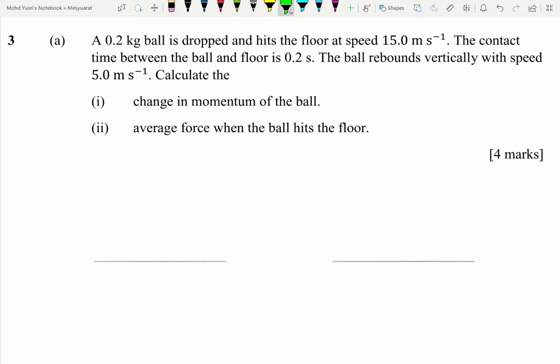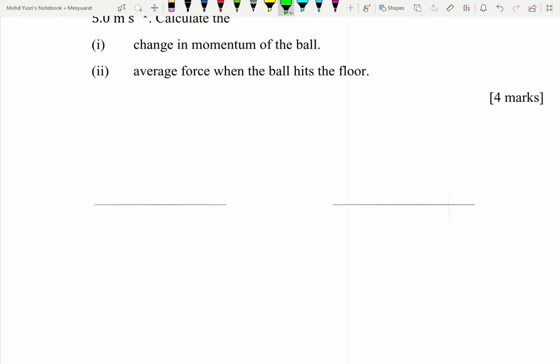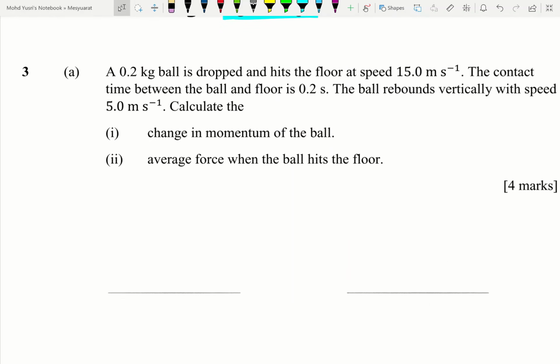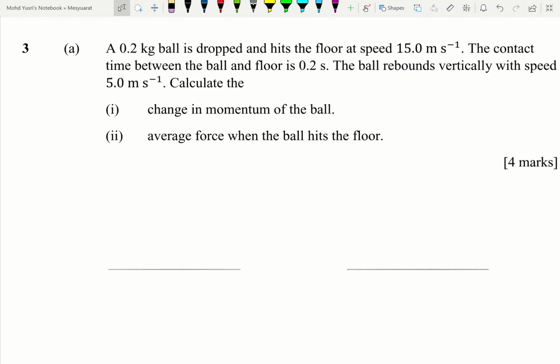So question number 3 is chapter 3, momentum and impulse, and the allocated mark for this chapter is 8 marks. Okay, soalannya berbunyi, a 0.2 kg ball is dropped and hit the floor at speed 15 meter per second.